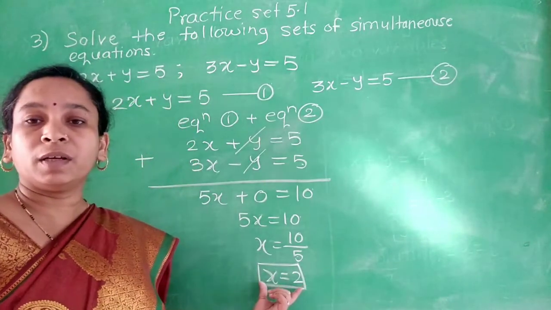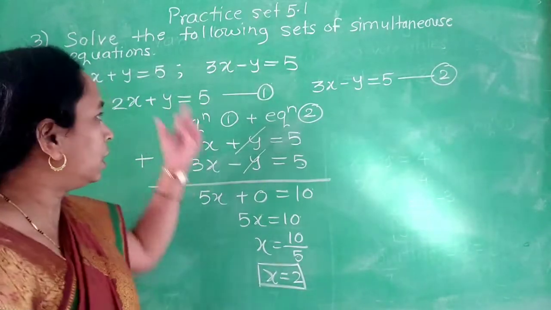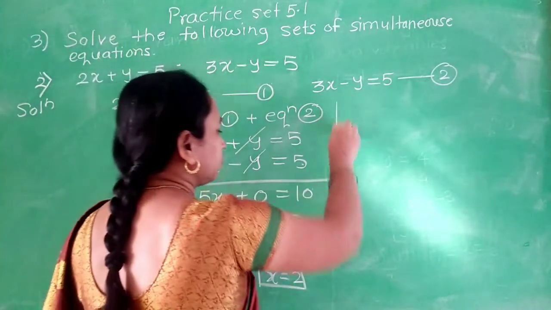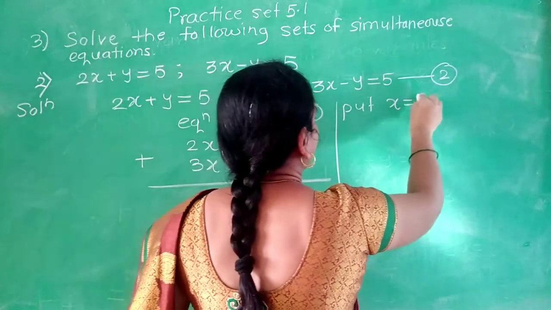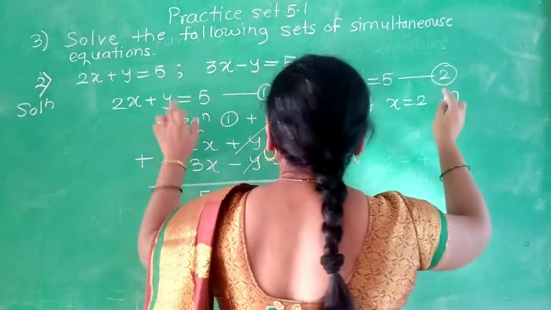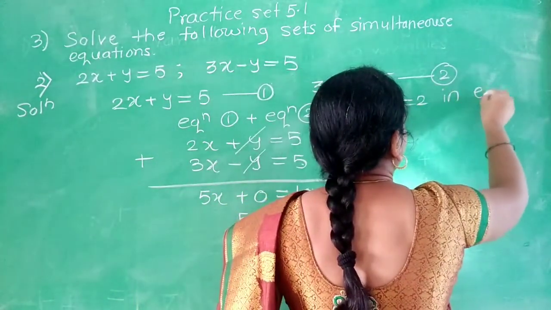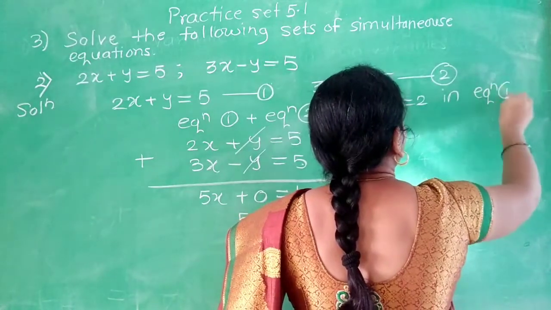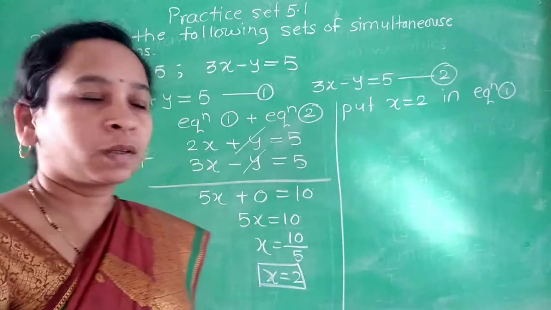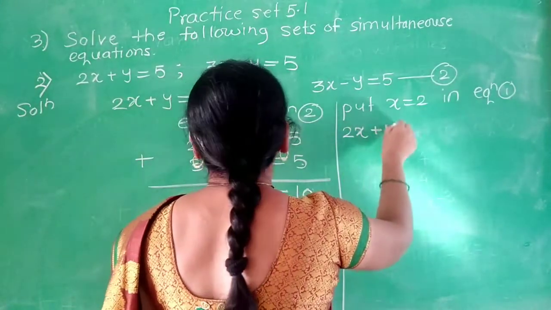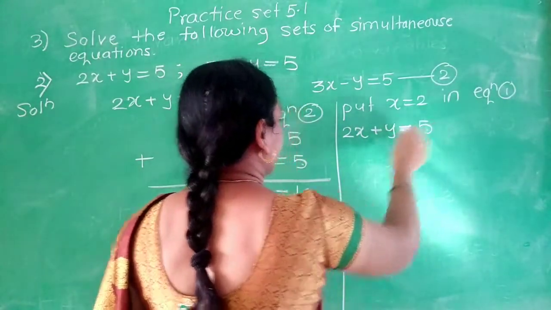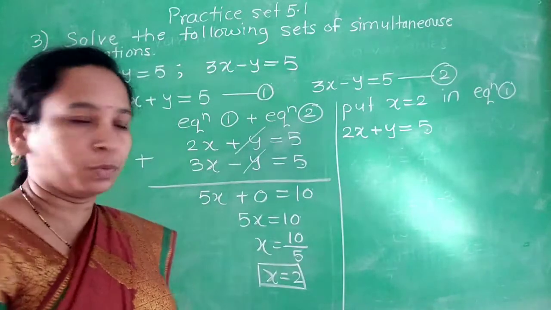Same thing, we will put this x is equal to 2 in one of the equations. So put x is equal to 2 in, I will put in first equation, in equation 1. So here I will get 2x plus y is equal to 5. X value is nothing but 2.